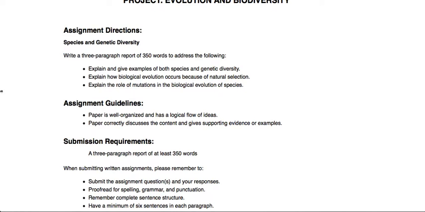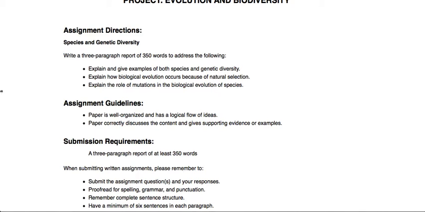The second question: explain how biological evolution occurs because of natural selection. So first, I need you to be able to explain to me what natural selection is and how it occurs. And then from there, you can frame it around the larger topic of biological evolution, which, remember, is the large-scale change in things over successive generations.